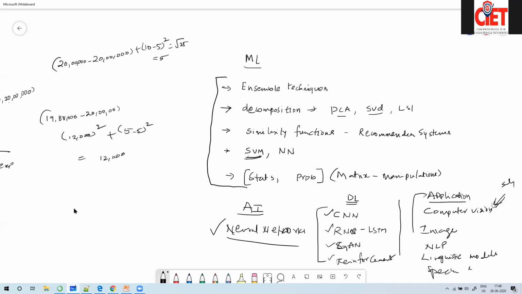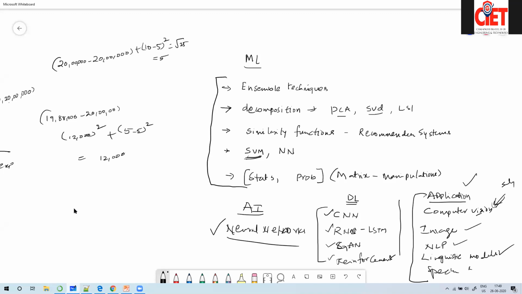A lot of people are still talking AI at the application layer, like what application they are trying to build. Are they trying to build a computer vision based one or image recognition one, or using natural language processing, using language models for language conversions, etc.